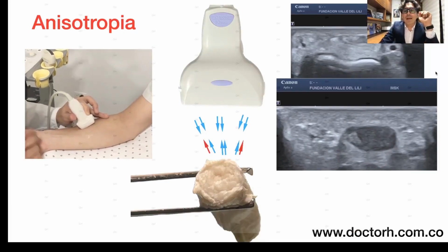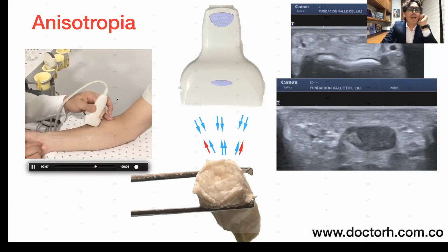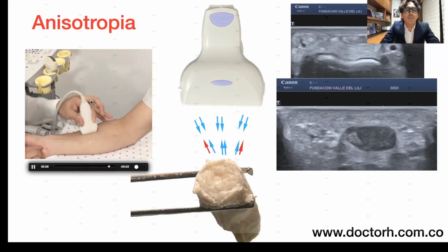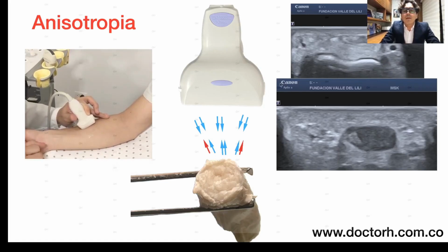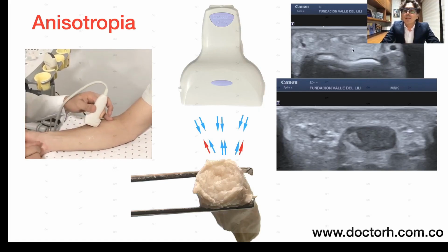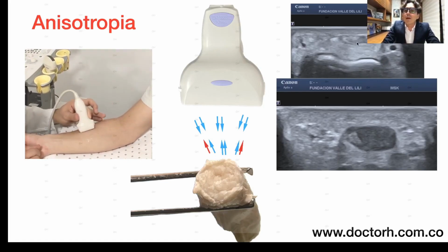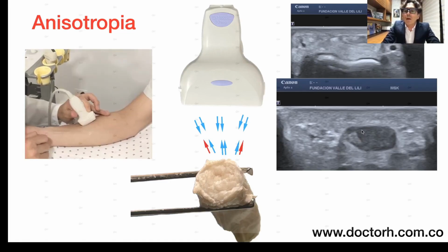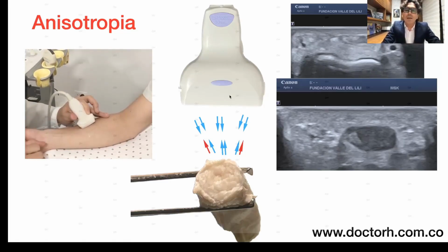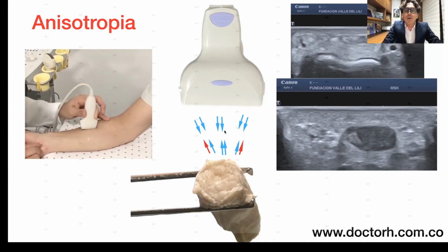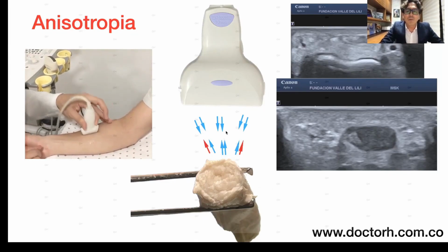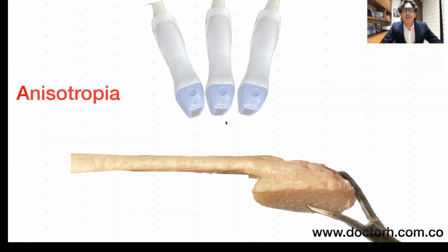The second artifact is anisotropy. And let's look at this position, which I'm exaggerating here to show you that anisotropy is a property found in very fibrous tissues, like tendons, where they can appear hyperechoic, anechoic, or hypoechoic in the image, depending on the position in which I place the probe or the angle, as we explained in the fundamental principles, and we'll look at it in more detail.